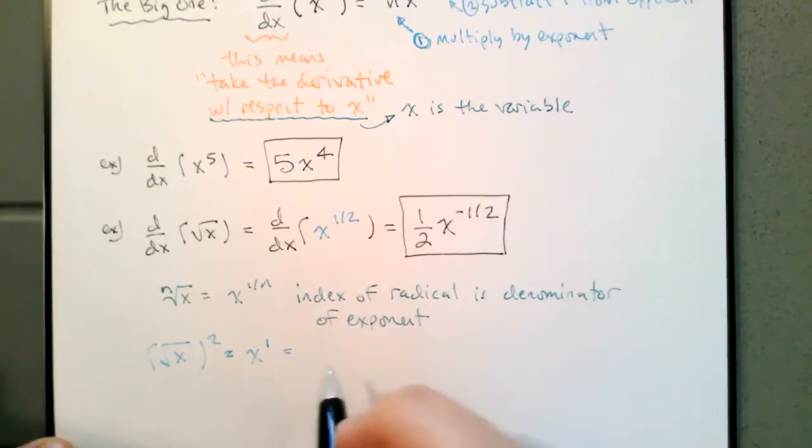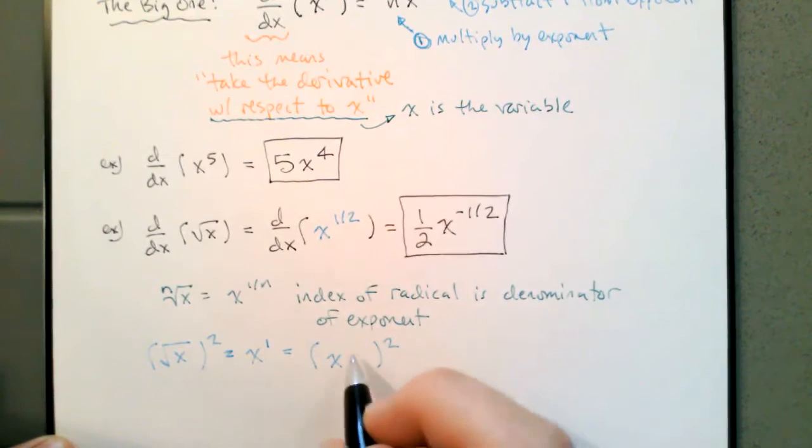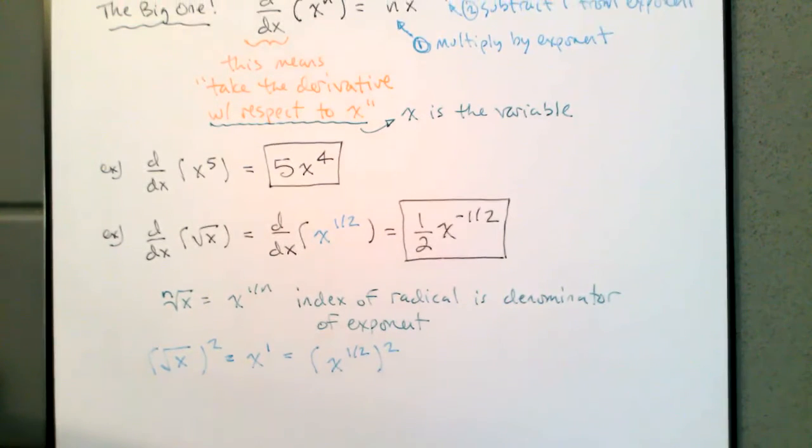So this must mean that if we raise x to a 1/2 power, since when we raise an exponent to an exponent, we multiply the exponents, it must mean that a square root of x is a 1/2 power. So this is why we say that the index of the radical is the denominator of the exponent. The index of the radical 2 is the denominator of the exponent, 1/2.